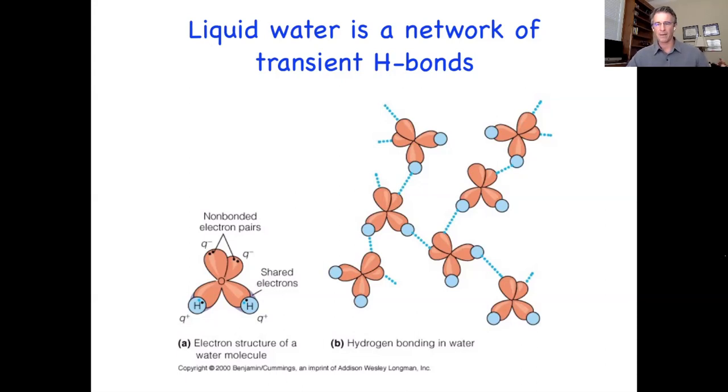Now, that property, the fact that it's got great hydrogen bond donors and acceptors, the oxygen is a great acceptor. The hydrogens are great at donating hydrogen bonds from the oxygen to the oxygen of another water molecule. This makes the molecule really polar, on top of the fact that it's got that permanent molecular dipole.